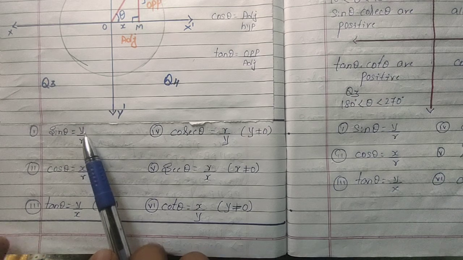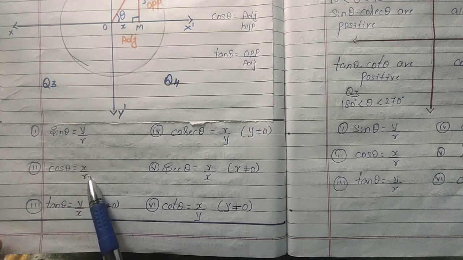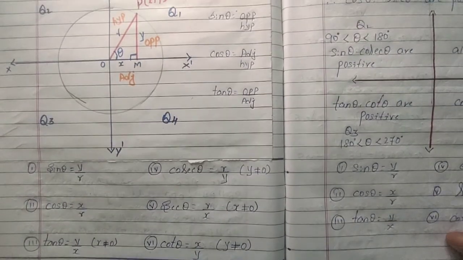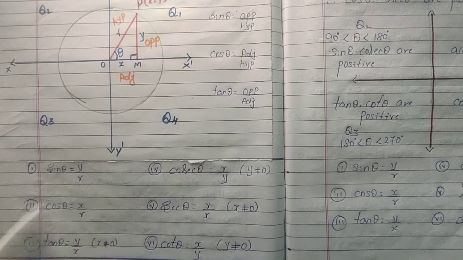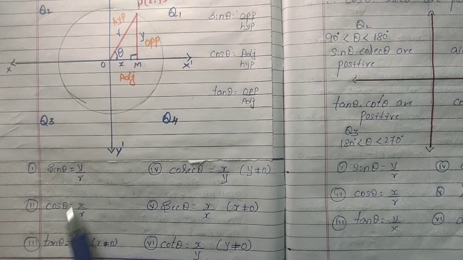Either they are ratio of x and y, or x and r, or y and r. So if both are negative, the function will be positive. If any one is negative, the function will become negative.